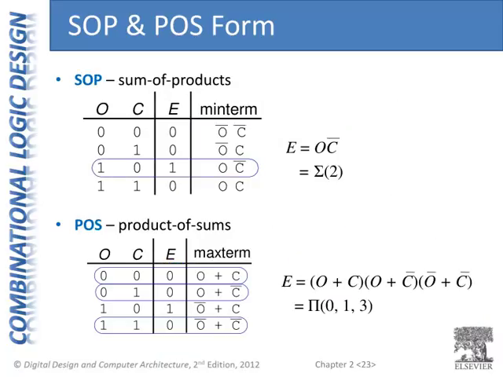And we can also write these, as we've talked about, in the shorthand form. This is the sum of minterm 2, and the product of sums form of the equation we can write as the product of, or the AND of, max terms 0, 1, and 3.